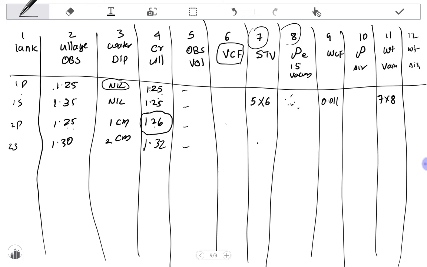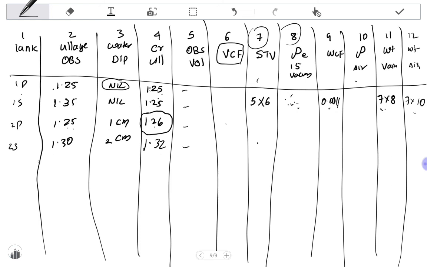This one is common for everyone. Okay, so you subtract this from the density in vacuum, you will get a density for each cargo in air. Now you can multiply density in air with the standard volume, that is 7. You can multiply 7 and 10. You will get weight in vacuum and weight in air.